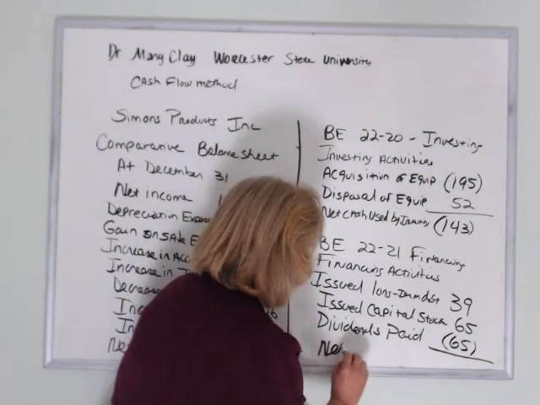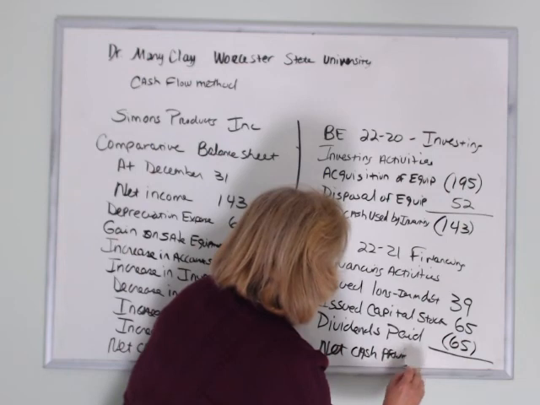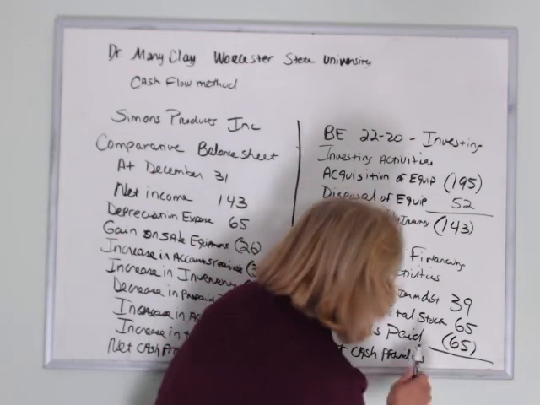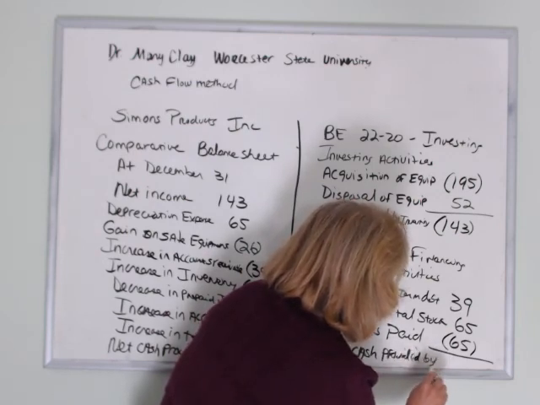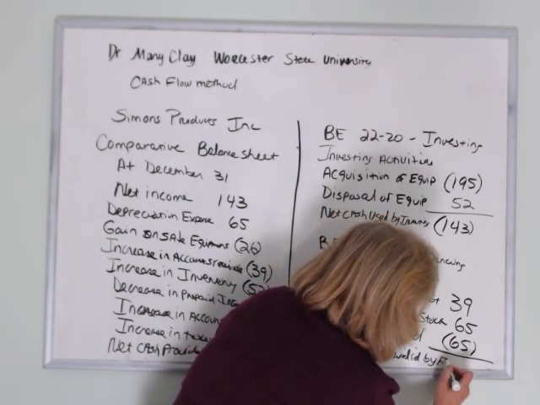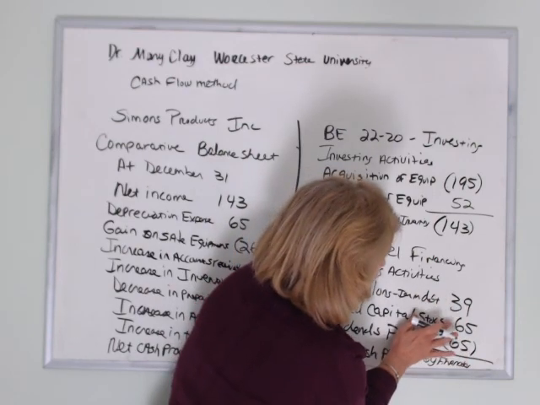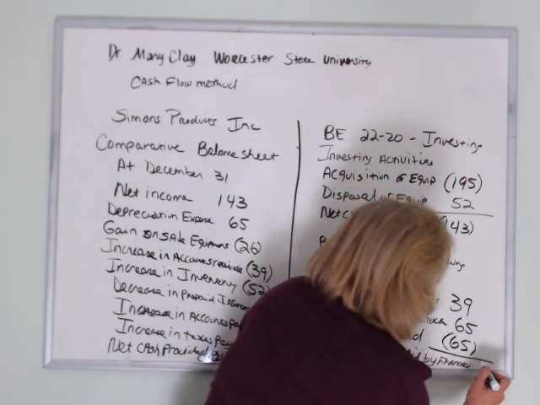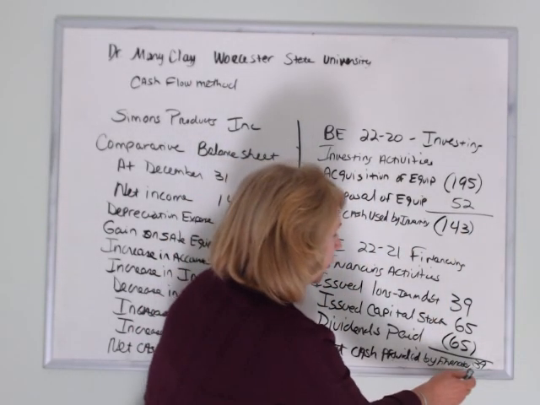Net cash provided by financing: $39 plus 65 minus 65 gives me 39. Okay, and that's a positive number, 39.